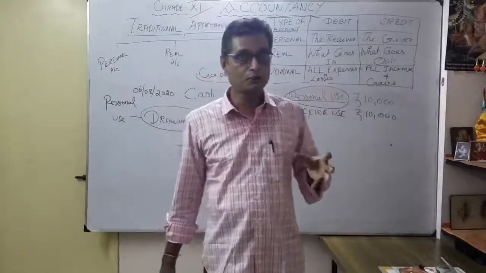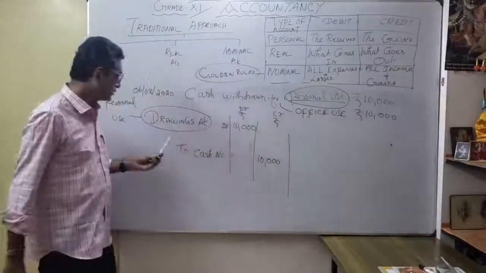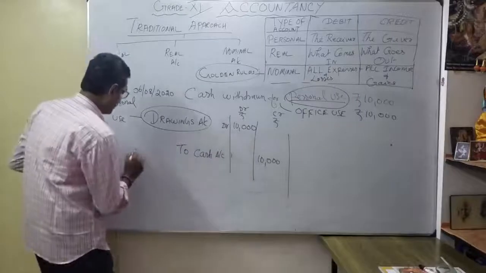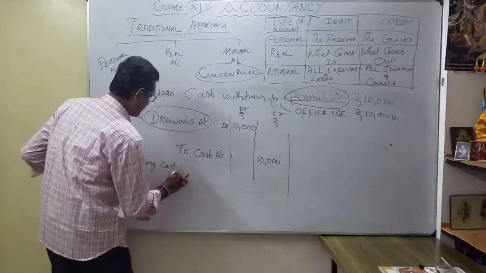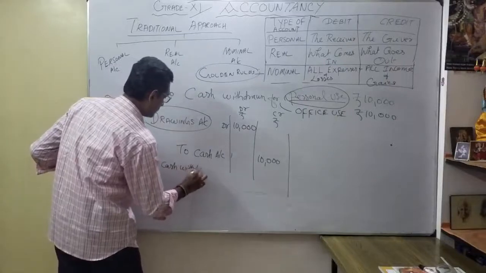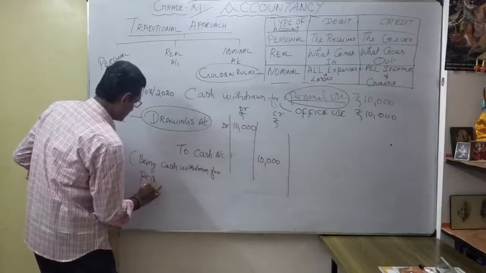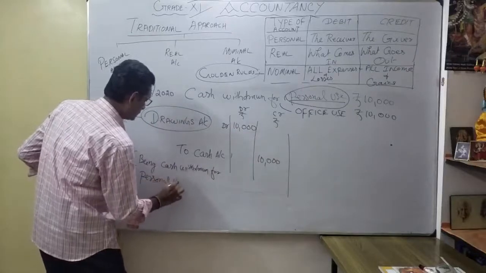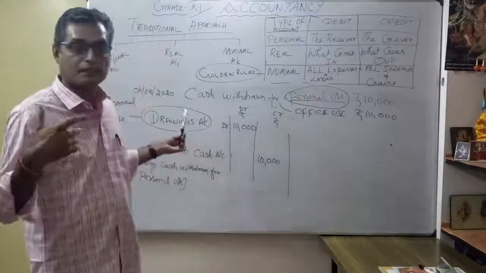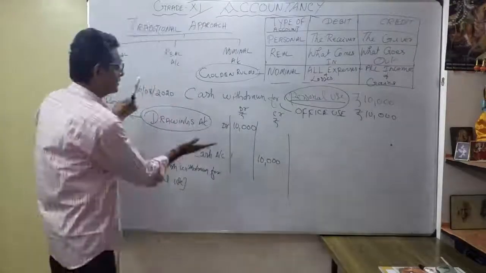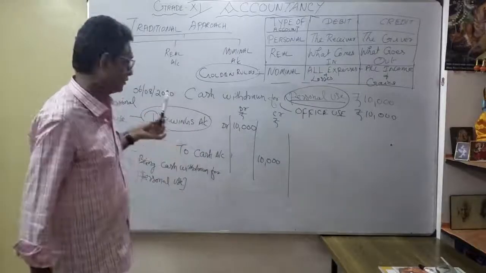Whenever it is personal use, you have to debit drawings account: Drawings account debit 10,000 to cash account 10,000, being cash withdrawn for personal use. So later on, when you see this entry, you can remember and immediately come to the conclusion that it is cash withdrawn for personal use.